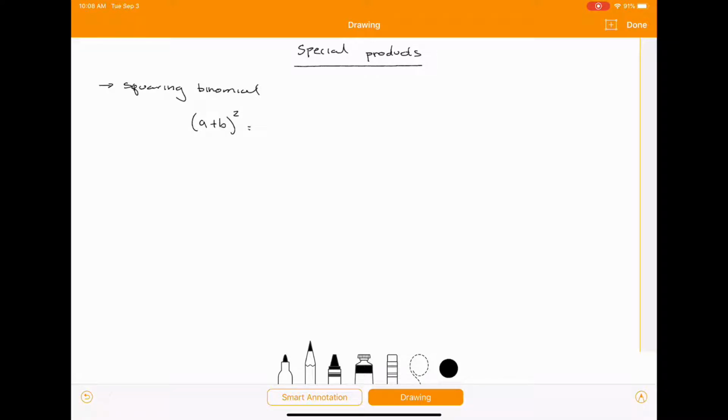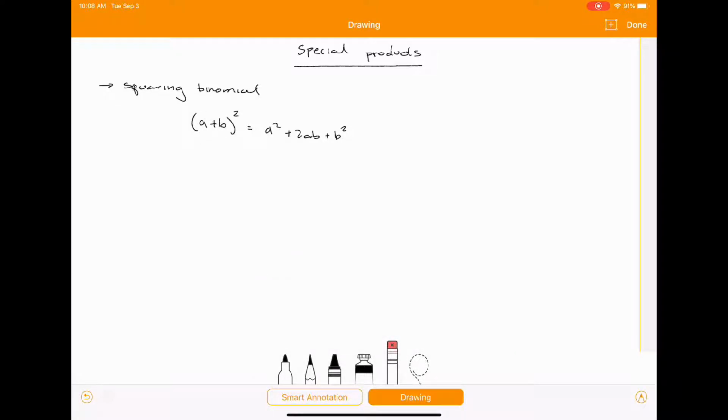And when that happens, that's going to be equal to a squared plus 2ab plus b squared. All right, so where your first value is a, your second one is b. So you just square this first one, add it to 2 times the product of these two, and then add it to your second one squared.